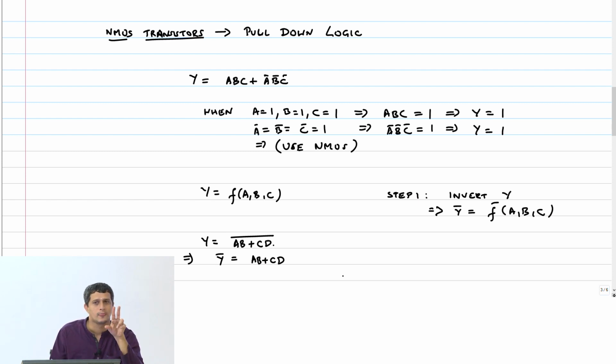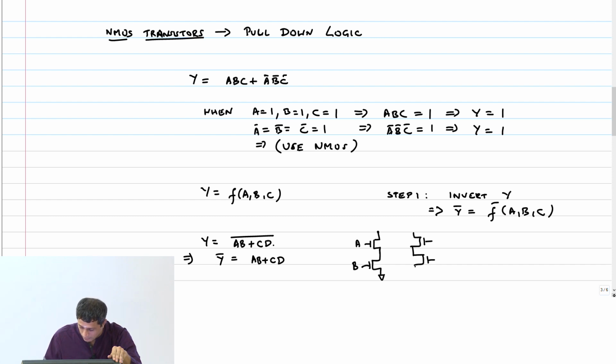Now I have A into B that has to be implemented using NMOS transistors, so I put two NMOS transistors in series, A, B. Now I have C into D which has to be implemented, C and D. And these two now should be in parallel.